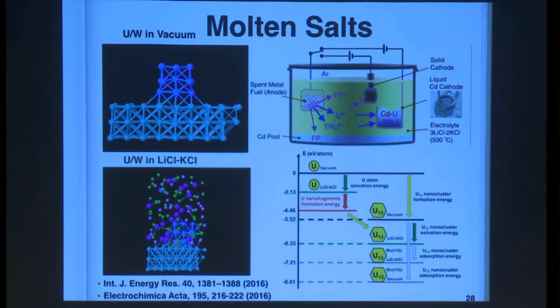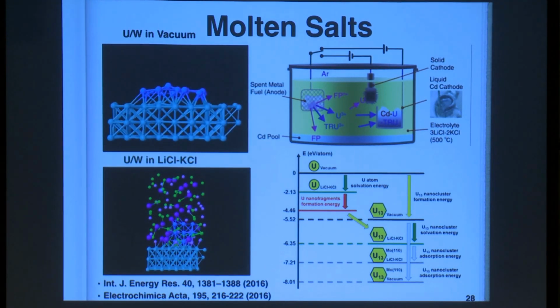I found that for uranium on a tungsten electrode, the nucleation and growth behavior is very different compared to vacuum conditions, in the chloride-based molten salt. You can see the nucleation and growth here. In vacuum, if you apply computations, you find that uranium can become very flat.